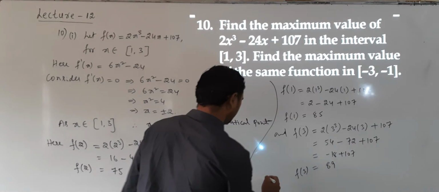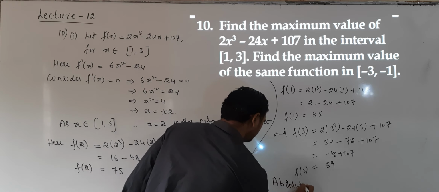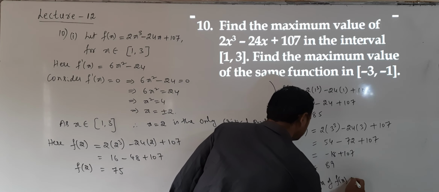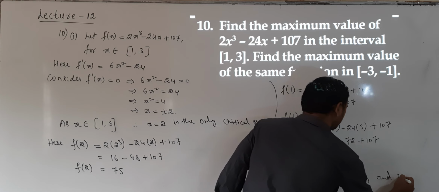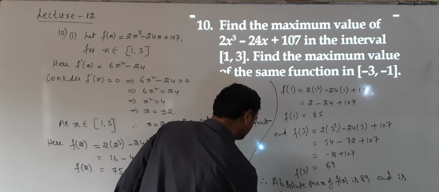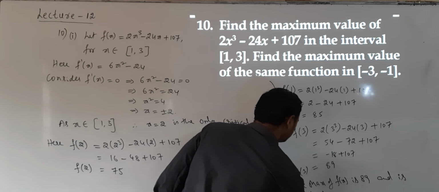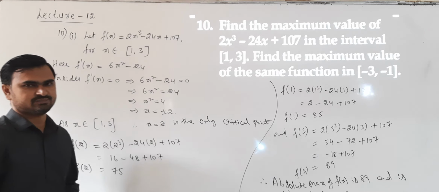Therefore, the absolute maximum of f of x is 89 and is obtained at x equal to 3. Okay, this is the first part.